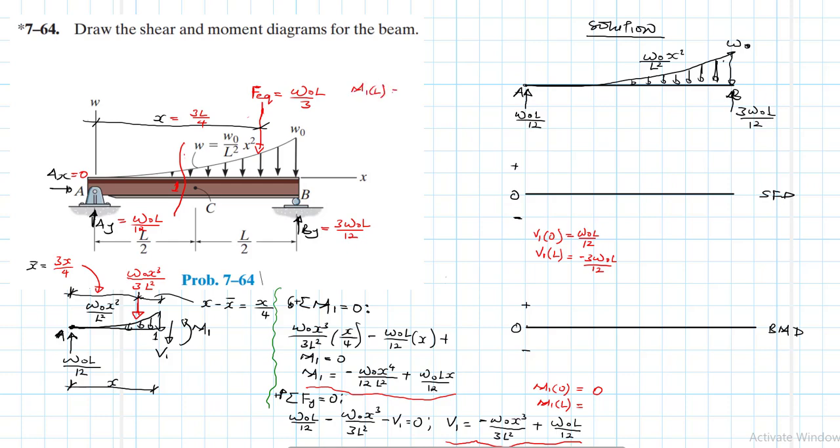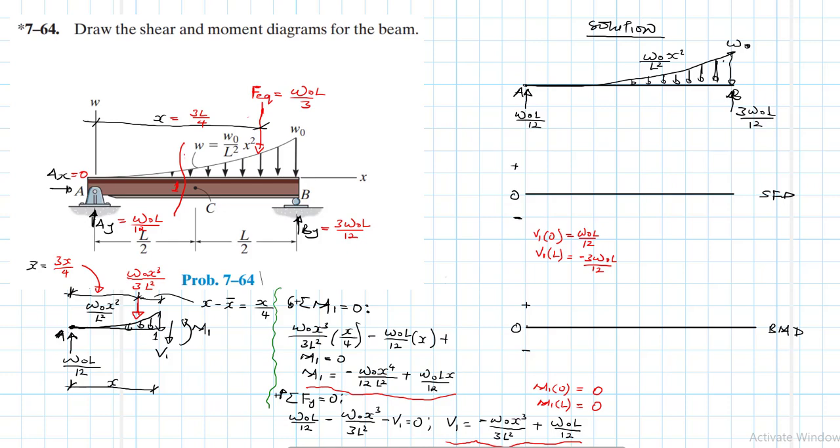M1 when x is equal to L, so minus w naught, x to the power 4 becomes L to the power 4 divided by L squared, so we only have L squared divided by 12, then plus w naught L squared divided by 12. So this is equal to 0. So it is also 0. Great. We expected this.